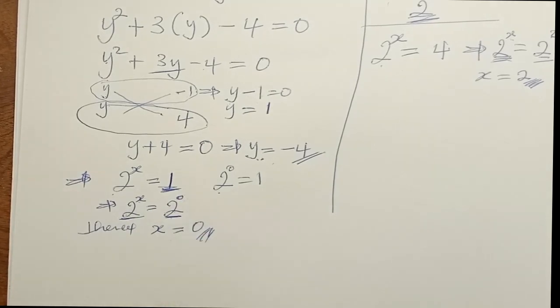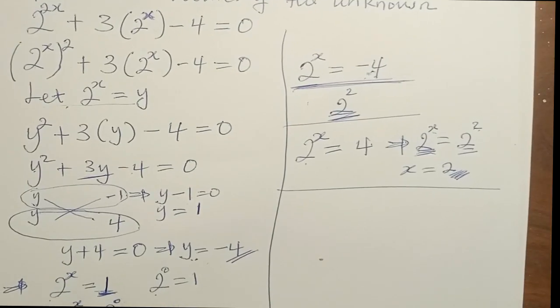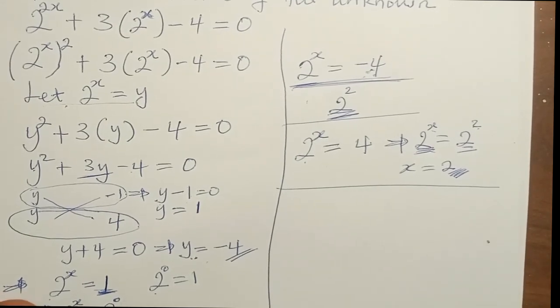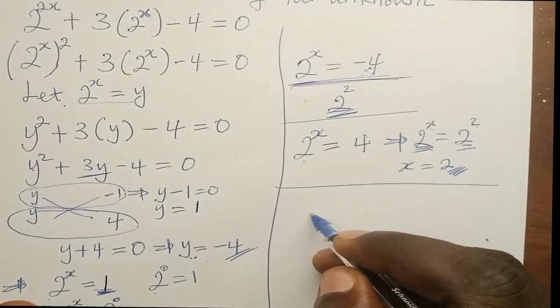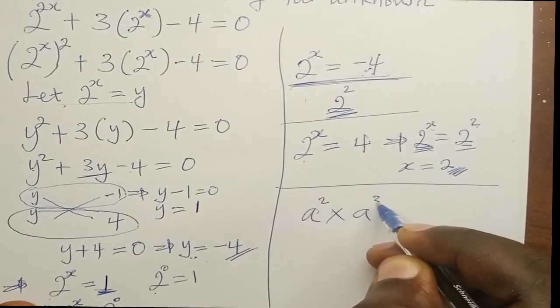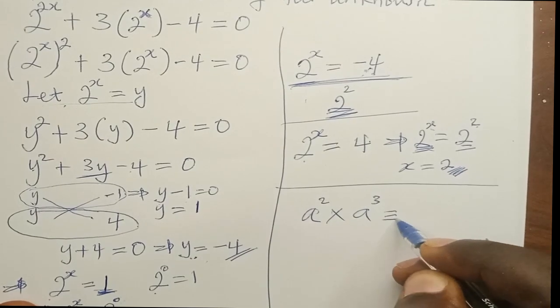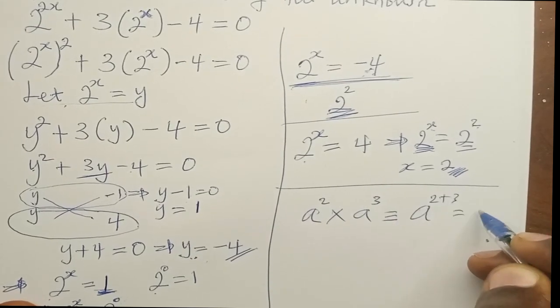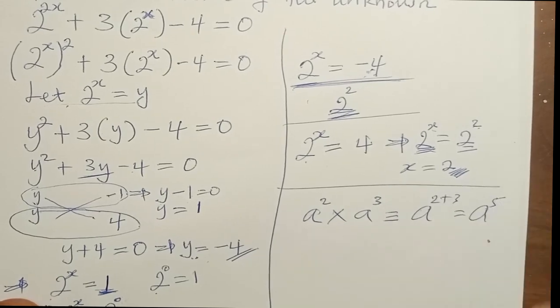And now, knowing this, I want us to refresh our minds again with some of the laws of indices. Looking at the first law, it states that a raised to the power 2 times a raised to the power 3 is the same as a raised to the power 2 plus 3, which is equal to a to the power 5.